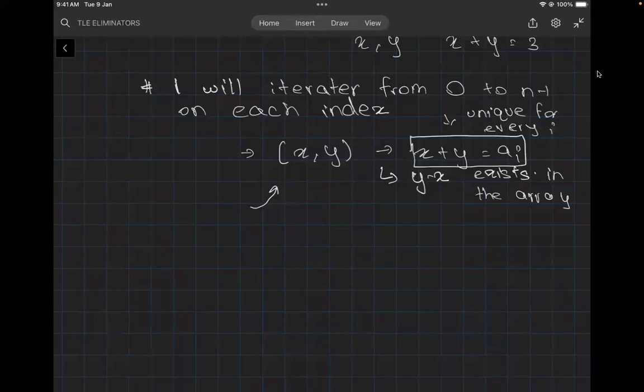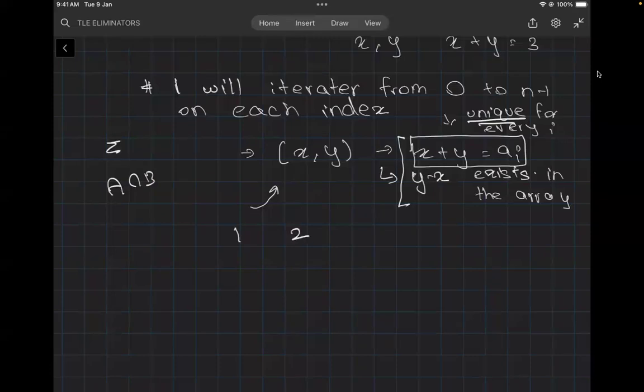Basically, since all the elements are unique in the array, the number of pairs that I get for every index such that x plus y is equal to ai and y minus x exists in the array is going to be unique. It won't collide with any other index. So if I just take the summation of these values, I will get my A union B as well.